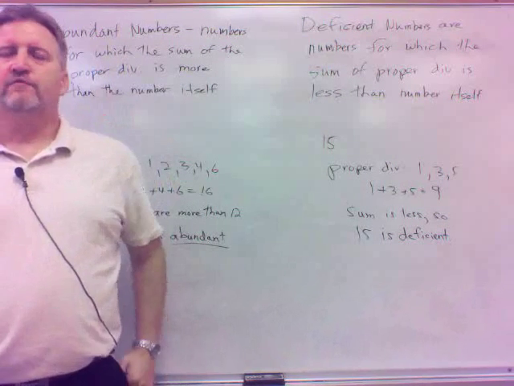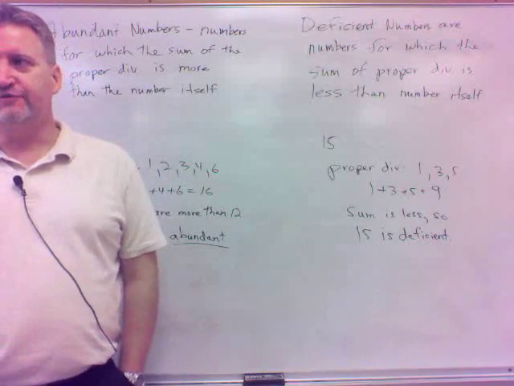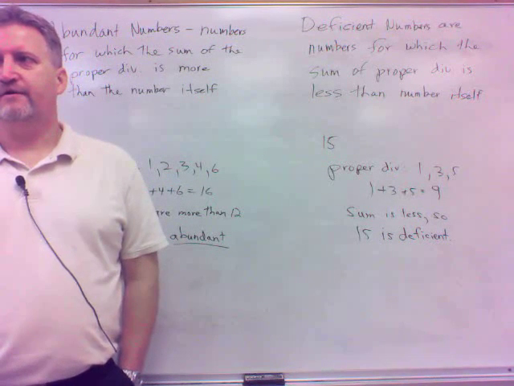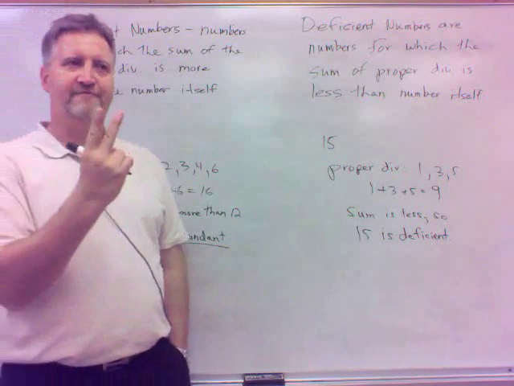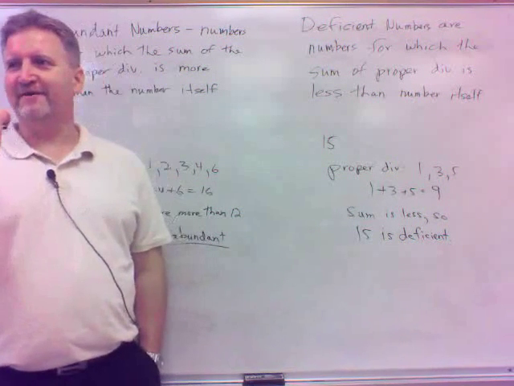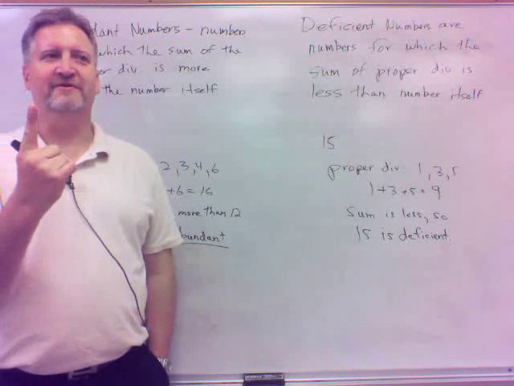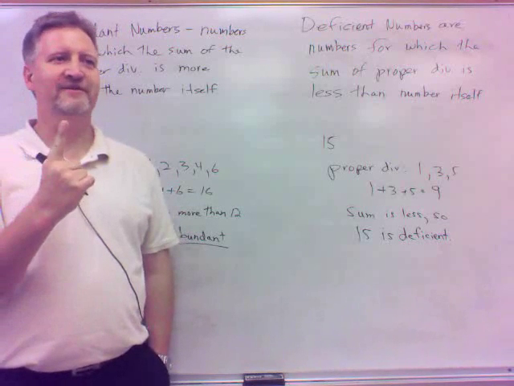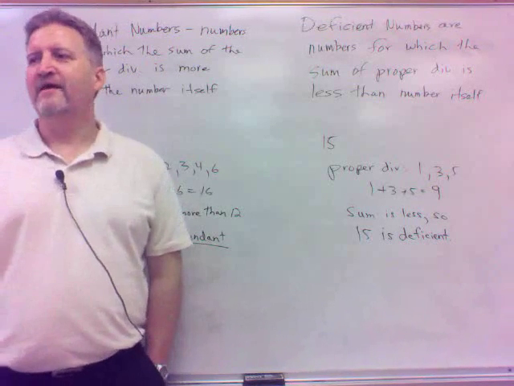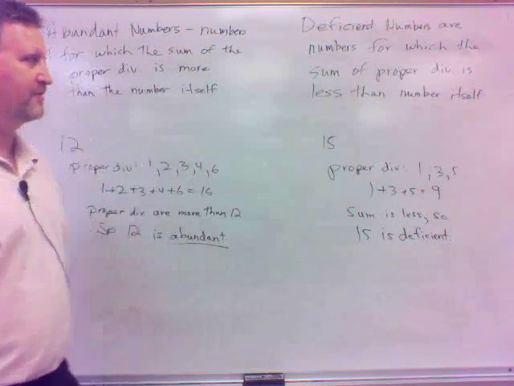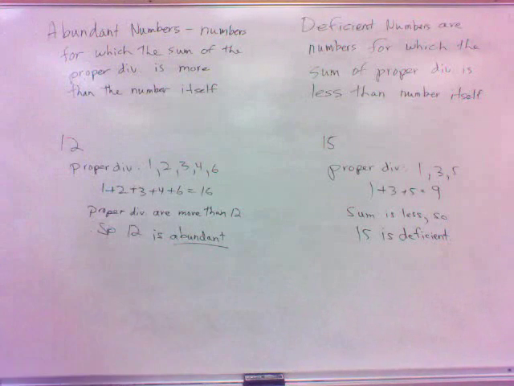Because for prime numbers, you only have 2 factors. And if we're talking proper divisors, that gets rid of one of them, doesn't it? What's the proper divisor of any prime number? The only proper divisor of any prime number is 1. And so it's always going to be deficient. All prime numbers would have to be deficient. That is right. Okay.